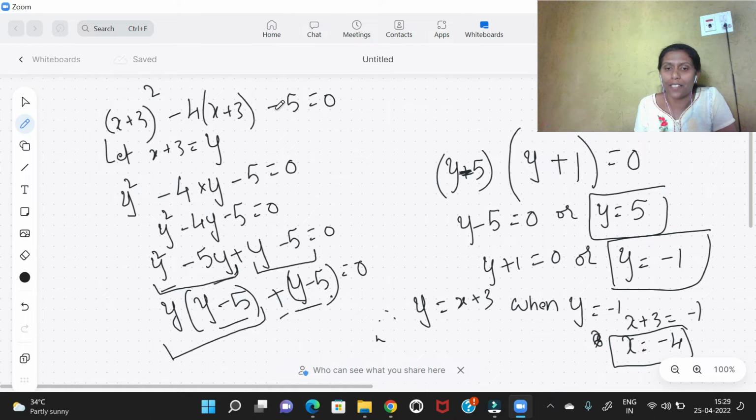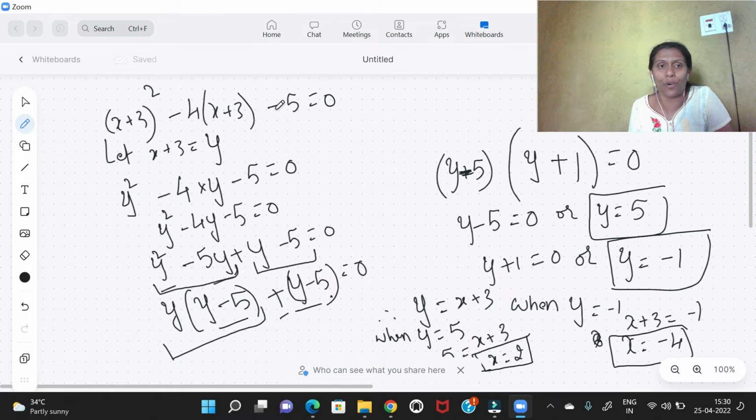Next, second, when y = 5, that is y = x + 3, so x = 2. What did I do? I took 3 onto the right side. That's it. So x = 2 and x = −4 are the solutions.